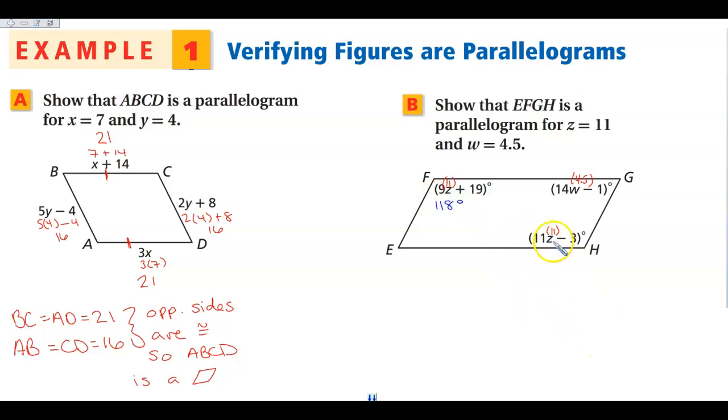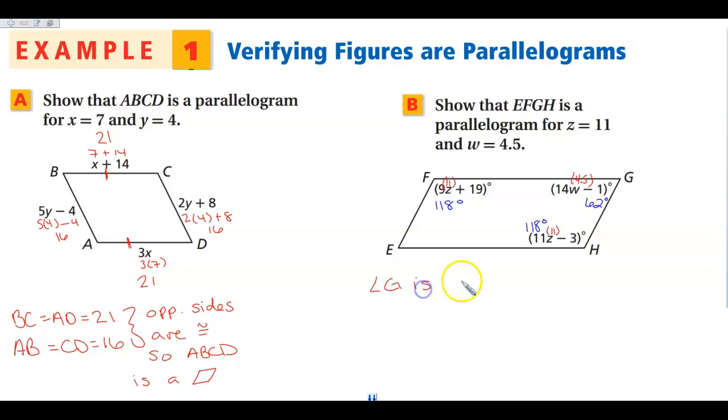All right, 11 times 11 minus 3 is also 118 degrees. 14 times 4.5 minus 1 is 62 degrees. So we know that angle G, okay, is 62 degrees. G and H add to 180 because 62 plus 118 is 180. 62 plus 118 this way is 180.